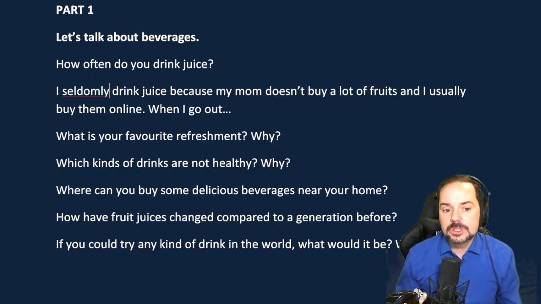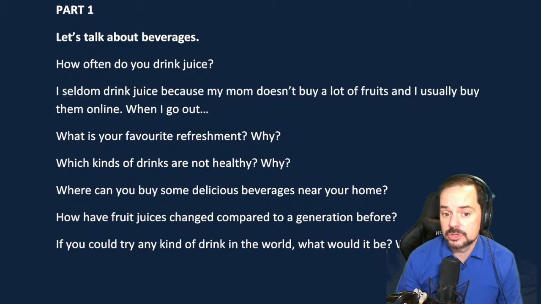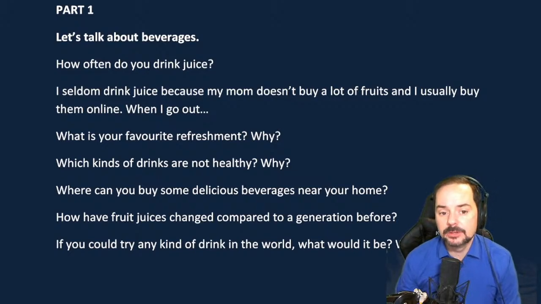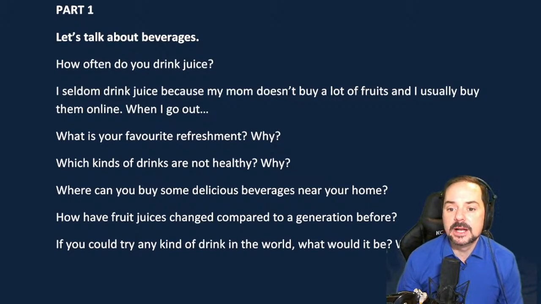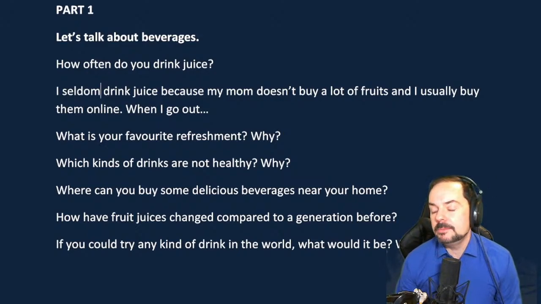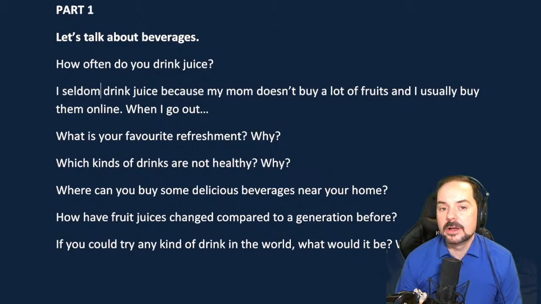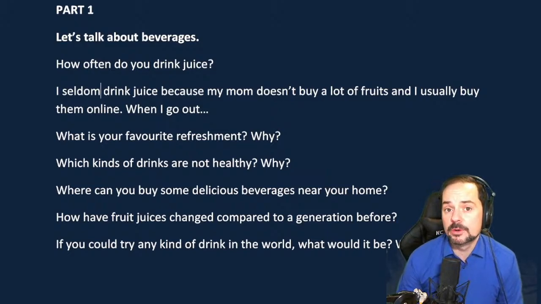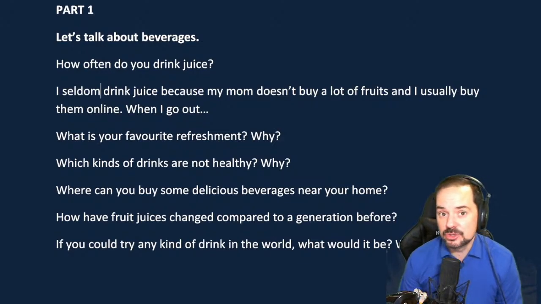So your start was really good. You said, I seldomly drink juice. You actually said it correctly the first time. I seldom drink juice, not seldomly. I seldom drink juice because my mom doesn't buy a lot of fruits. So that would make sense if you say like we make juice fresh at home or fresh squeezed from fruit, but because my mom doesn't buy a lot of fruit, we don't often make juice, right?